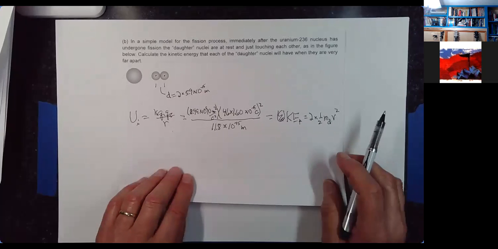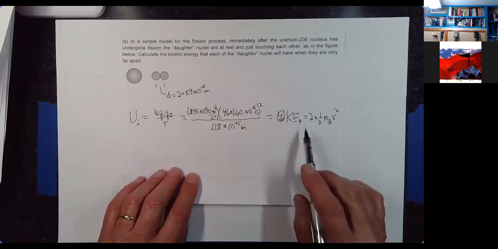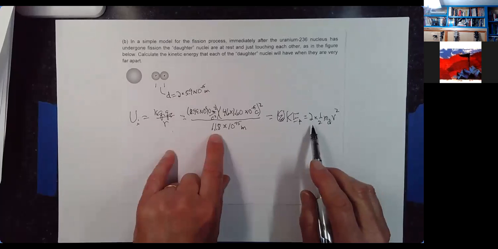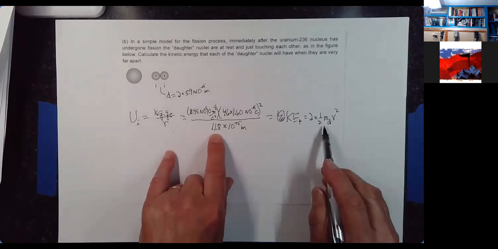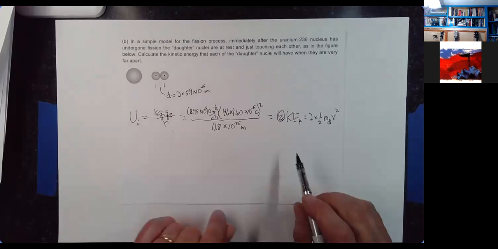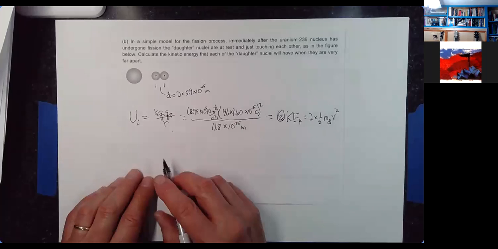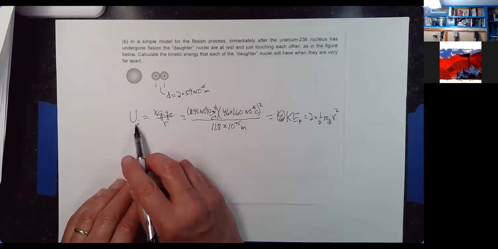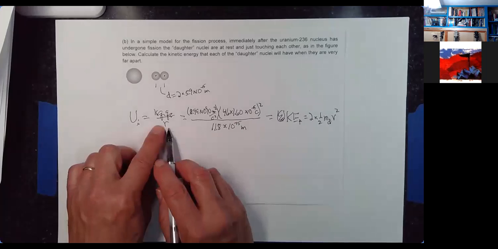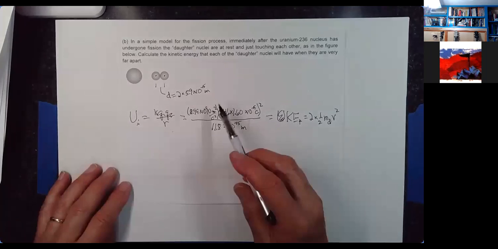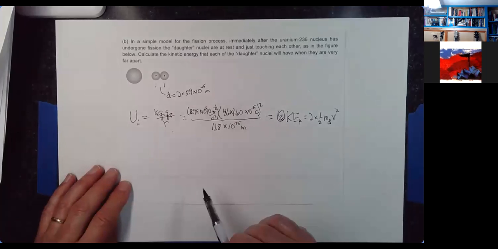Let's see. Well, if I divide this thing by 2, that'll tell me the kinetic energy of each one of these daughter nuclei when they're far apart. Remember, the potential energy gets weaker with the distance, and so when these things end up being far apart, this will drop to a negligible amount.